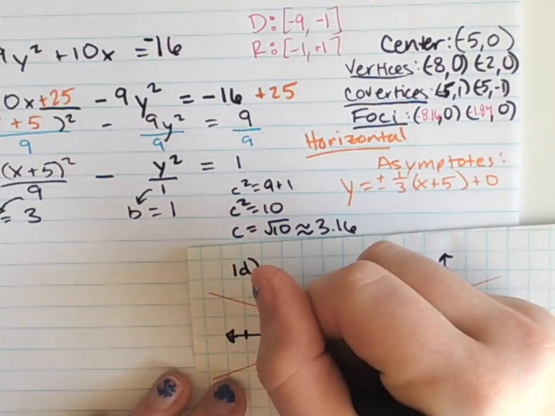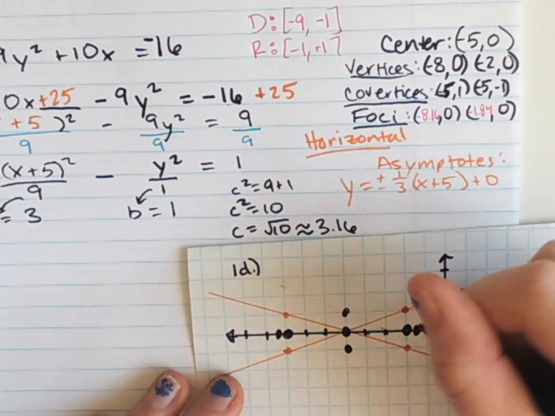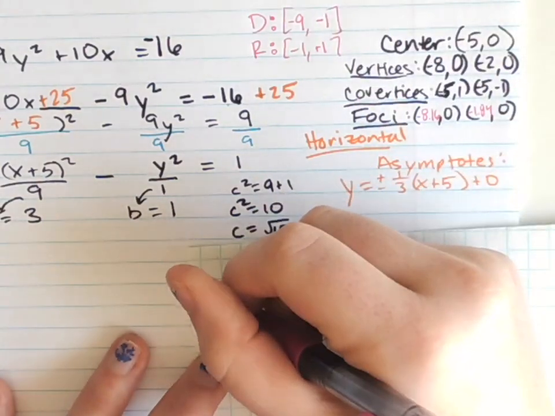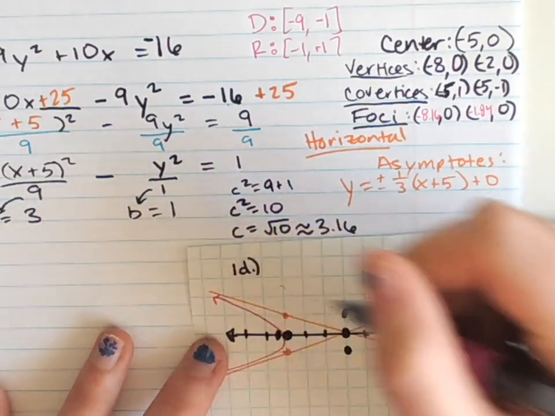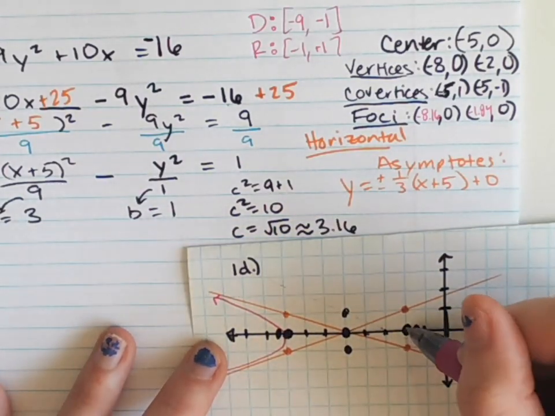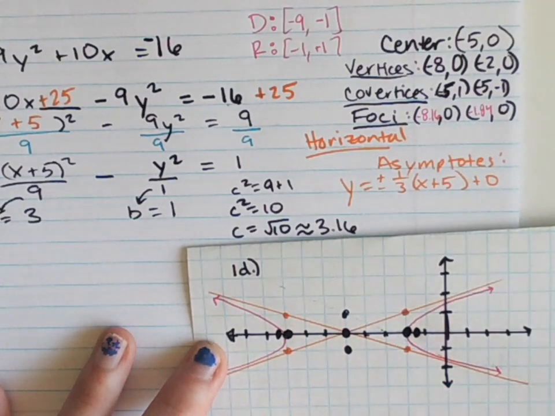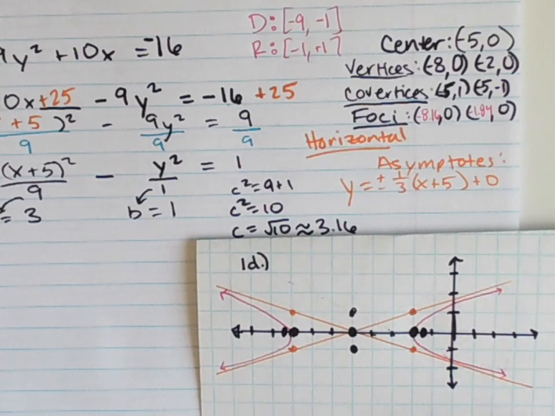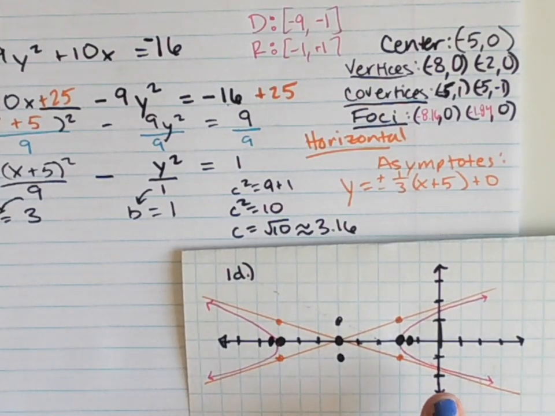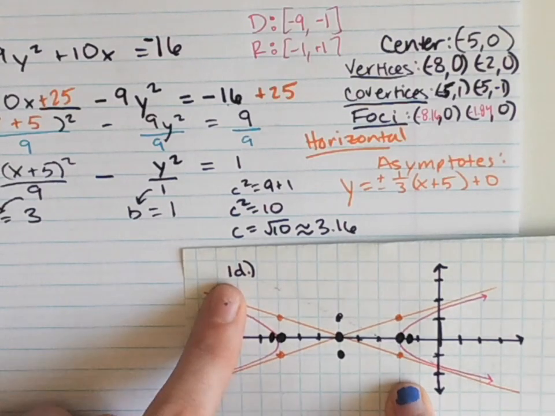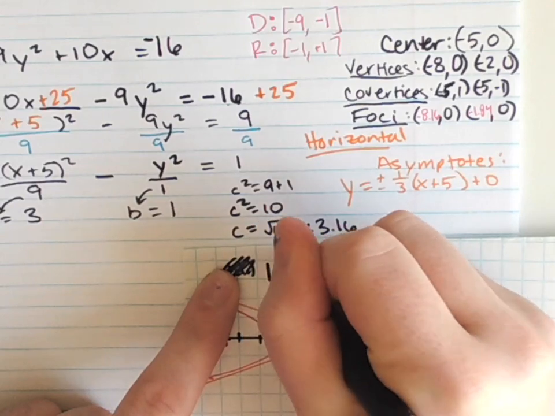And then our foci are really close to the vertices. Good, great. So there's one. This is not 1D, this is 1E as an E for elephant. My bad.